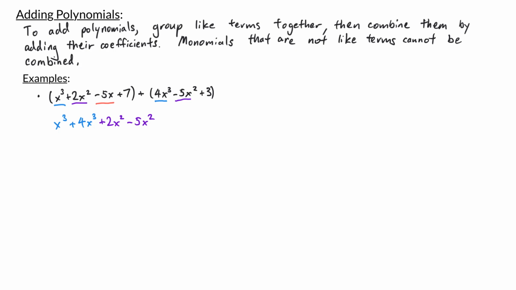Well, there aren't any terms with x to the first power in my second polynomial. So there are no like terms to negative 5x, and that will just stay by itself. And then lastly, we have terms that don't have any variables with them. We have the plus 7 and the plus 3. I'll write those at the end: plus 7 plus 3.